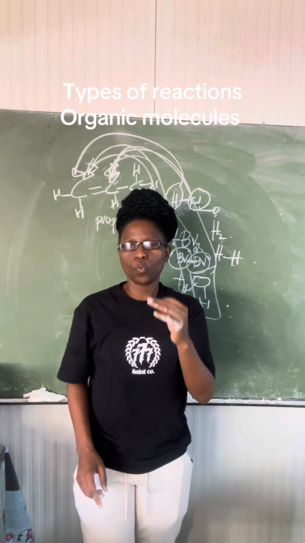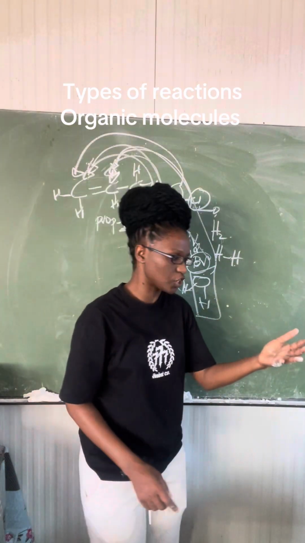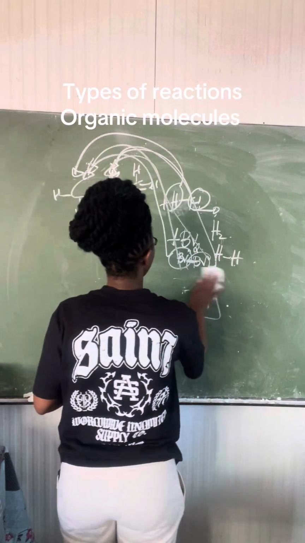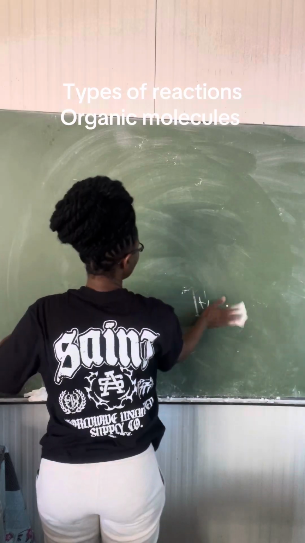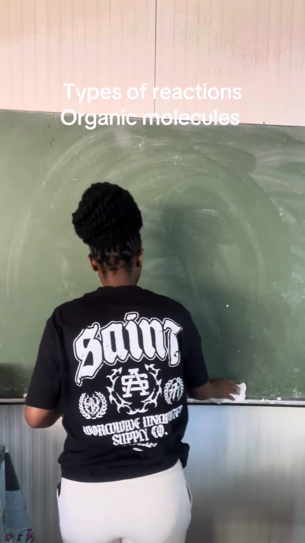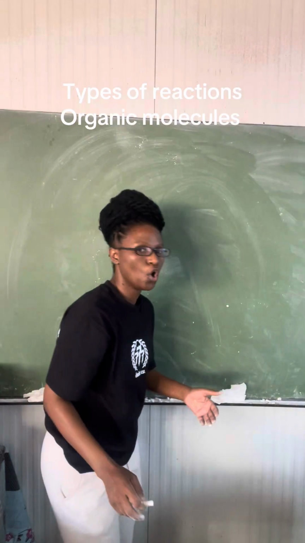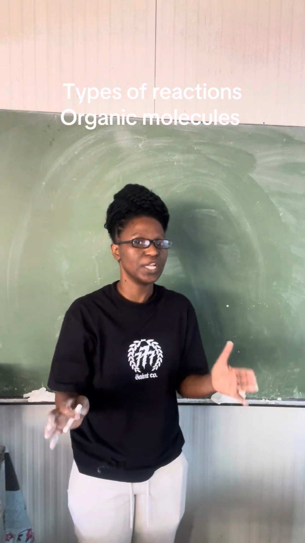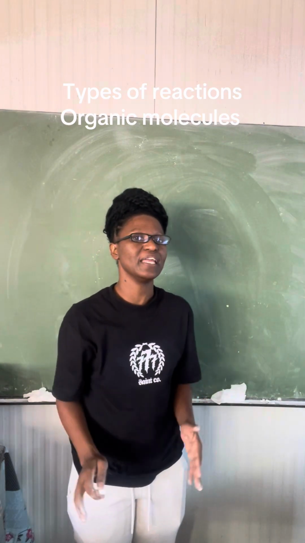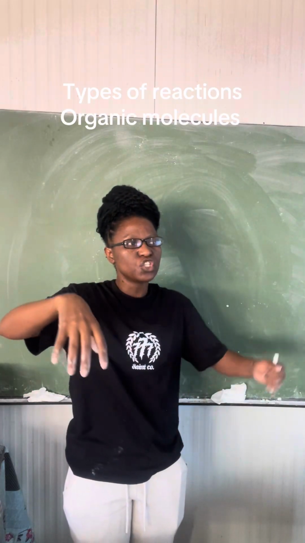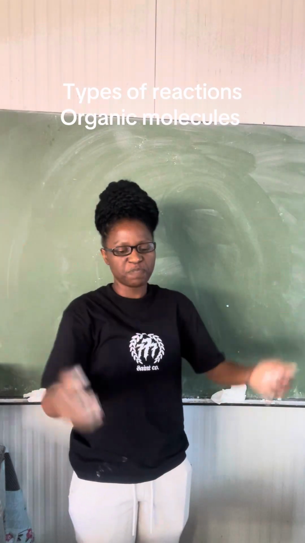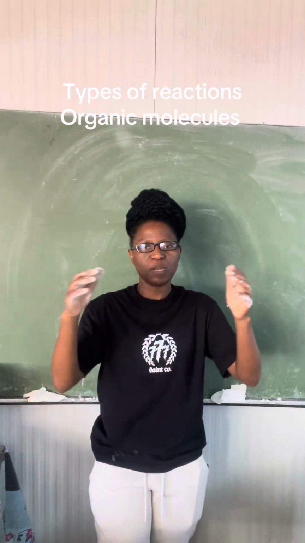Type number 4 is what we call the elimination reaction. Elimination reaction has three different types. The first one is dehydrohalogenation. I'm going to emphasize that one. Before that, let me explain the elimination reaction.